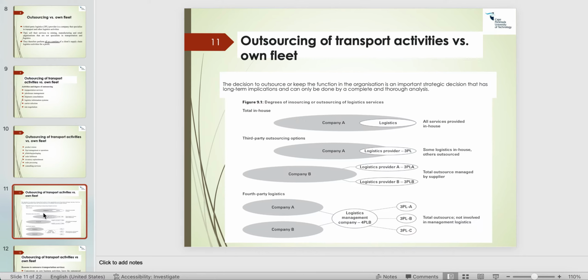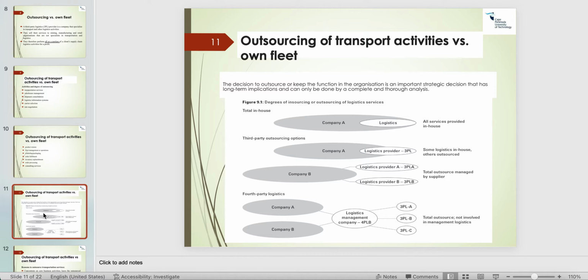Now, as you can see in the figure, when it comes to making a decision to outsource or to keep the function in the organization, it's almost an important strategic decision. It has long-term implications, and it can therefore only be made after a complete and thorough analysis.